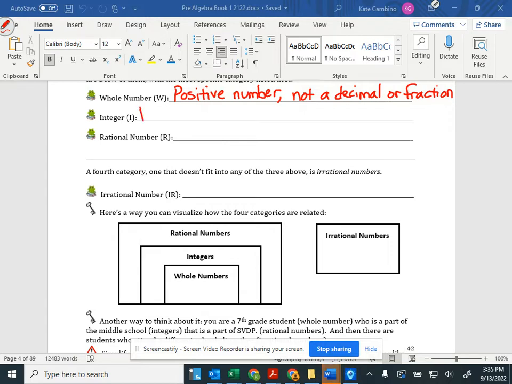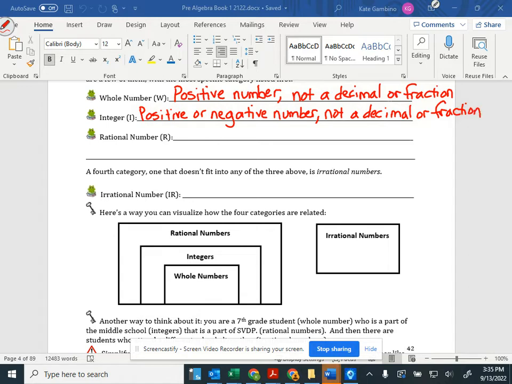An integer can be a positive or negative number, but still not a decimal or fraction.